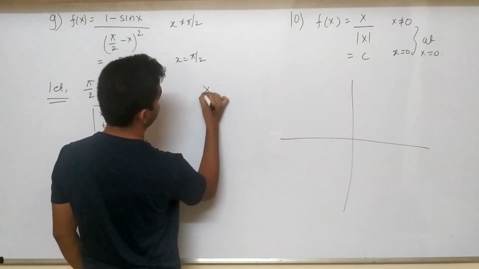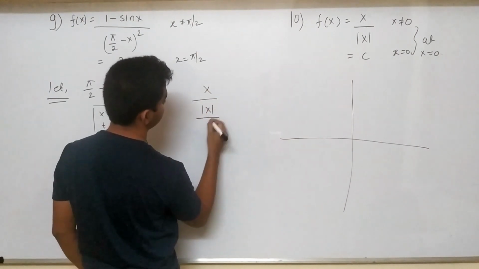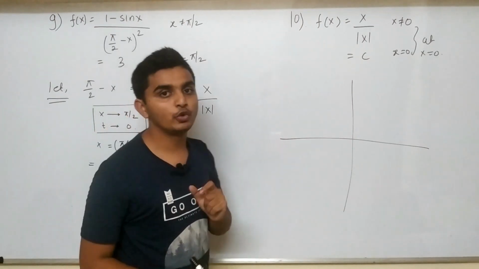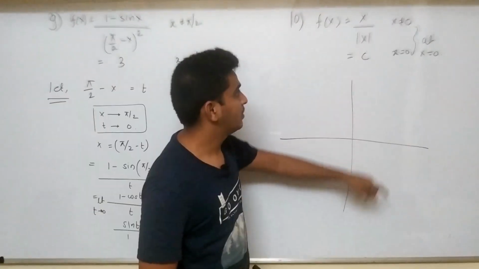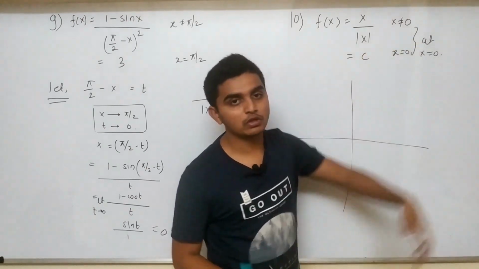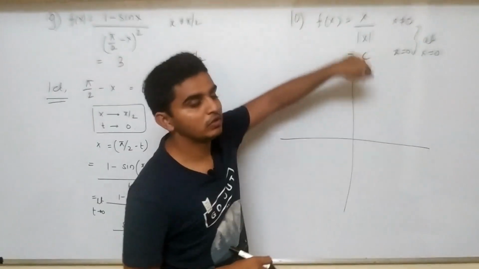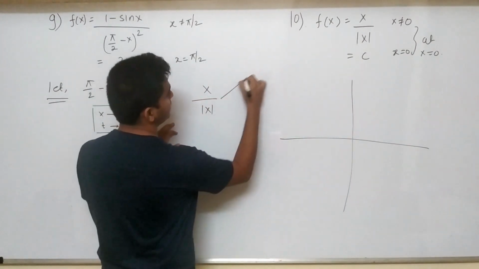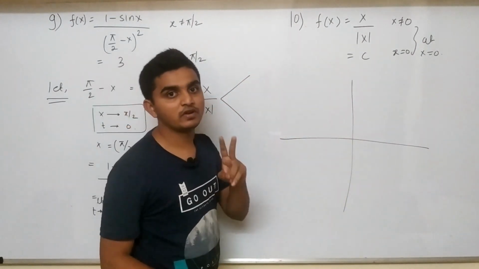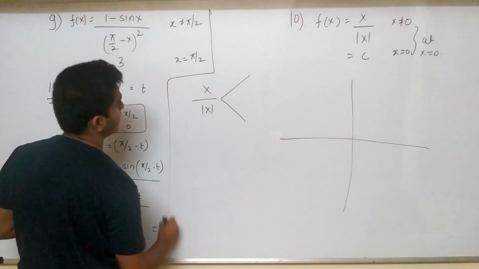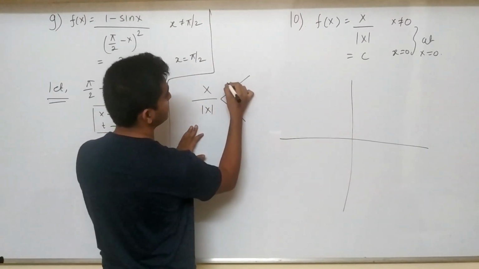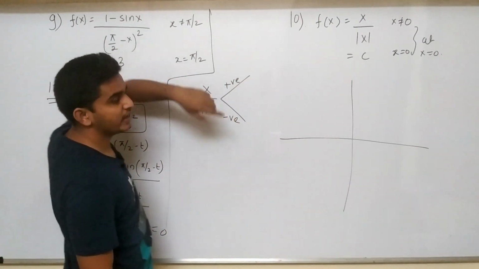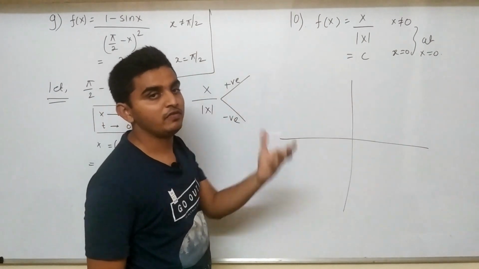So if you take x upon mod of x, this mod of x is always going to have a positive value, but x is not equal to 0 in this case. It can be positive or negative, and depending upon that, there are going to be two different values. So I'll just write it down over here. Let's say if x is positive, like plus 3, plus 8, plus 15, anything.